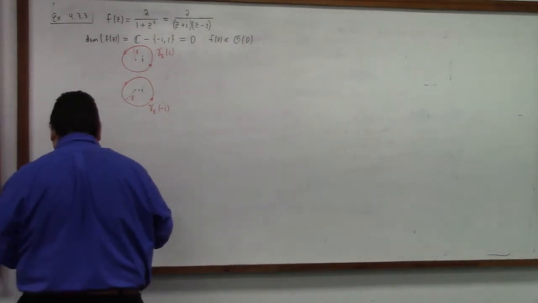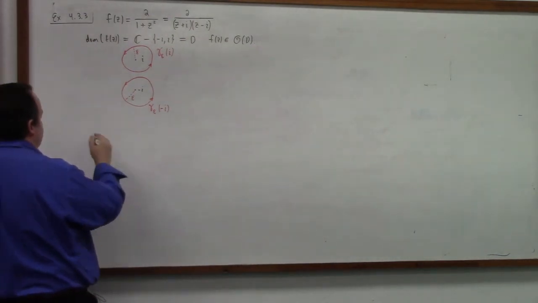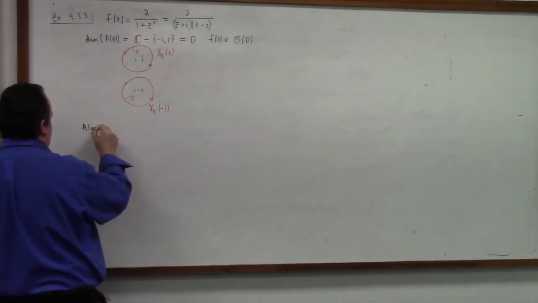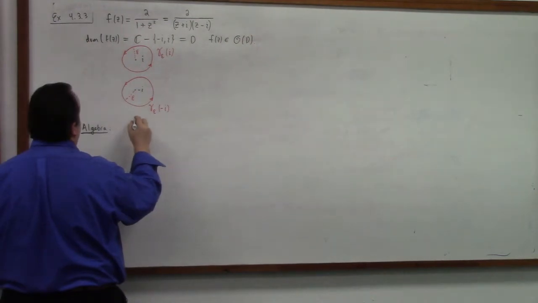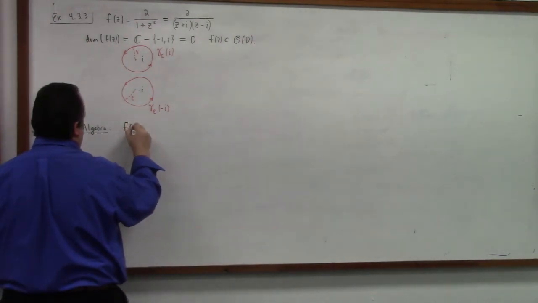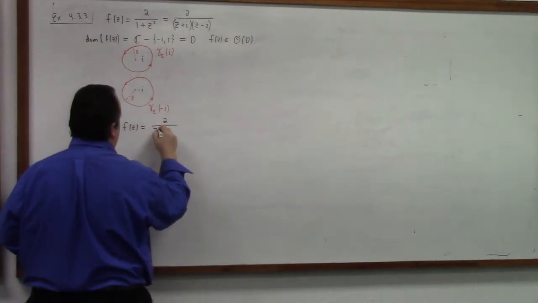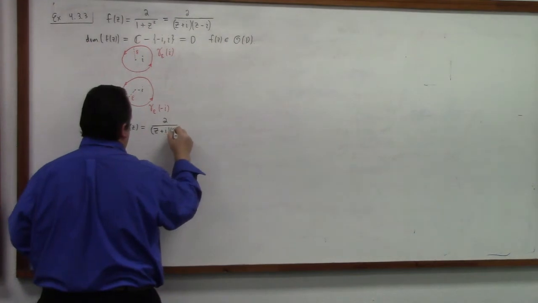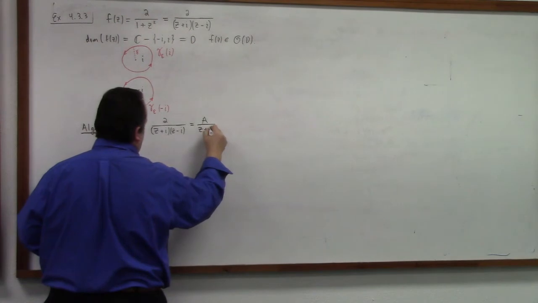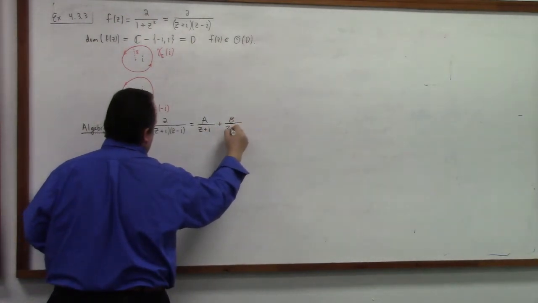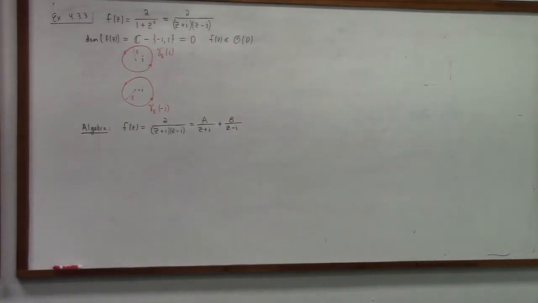So to do that wisely, we need to notice a little bit of algebra here. You guys remember partial fractions? So f of z is 2 over z plus i times z minus i. So we can rewrite that as a over z plus i plus b over z minus i, right? So what are a and b then? Let's work it out.